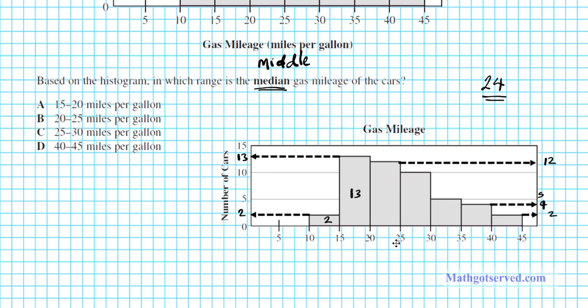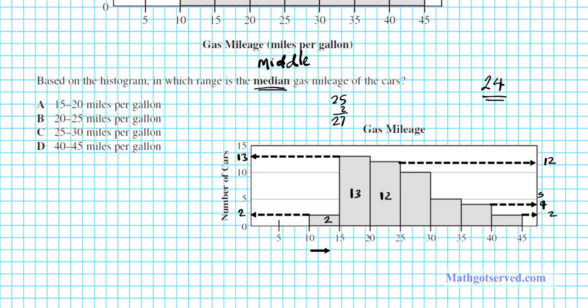In this interval 20 to 25, we have 12 cars. What's the accumulation here? The accumulation from 10 to 25 is 2 plus 13 plus 12. 2 plus 13 plus 12 is 25 plus 2, which is 27. That's over the limit. Okay, so let me illustrate that for you.